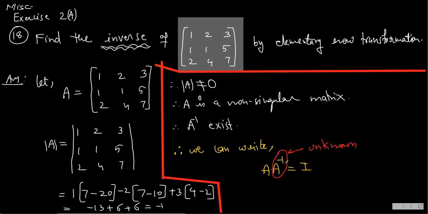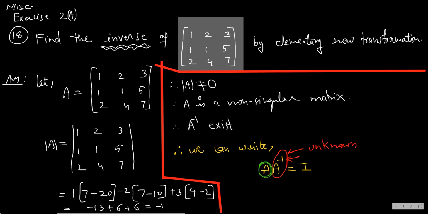I will have to keep this matrix as it is. Where is the known matrix? This is the known matrix. So the known matrix I will always write as prefactor, because I'm applying row transformation, and in row transformation you are allowed to work on the prefactor only.